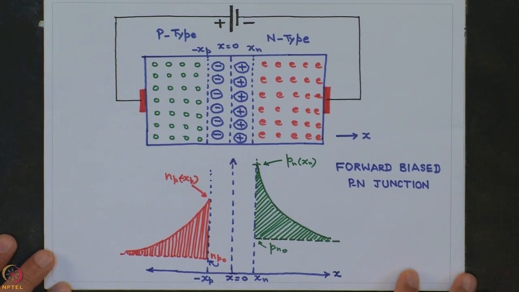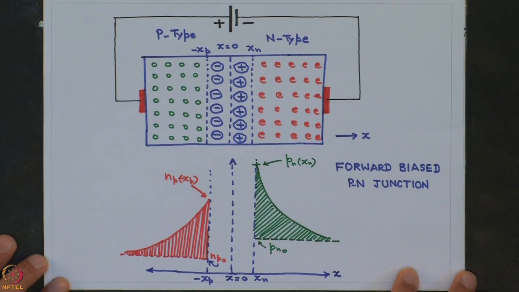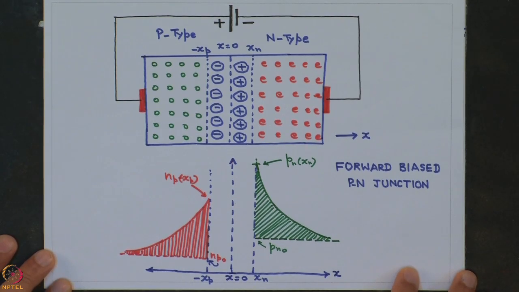So as you can see, in the forward bias condition, the applied potential is in opposition with the contact potential of the junction. This results in the lowering of the height of the potential barrier across the junction, which causes the holes from the P side to diffuse across the junction over to the N side. And likewise, the electrons can diffuse from the N side to the P side across the junction.